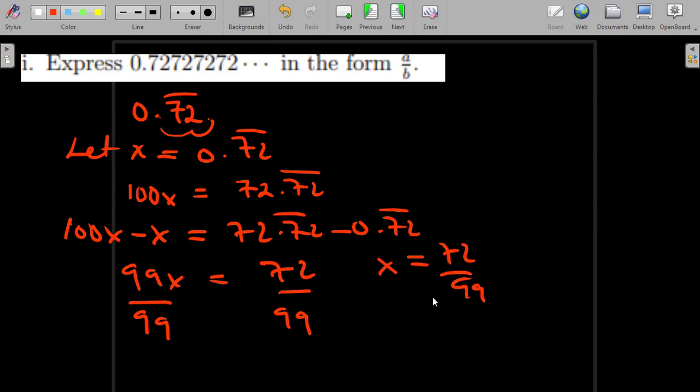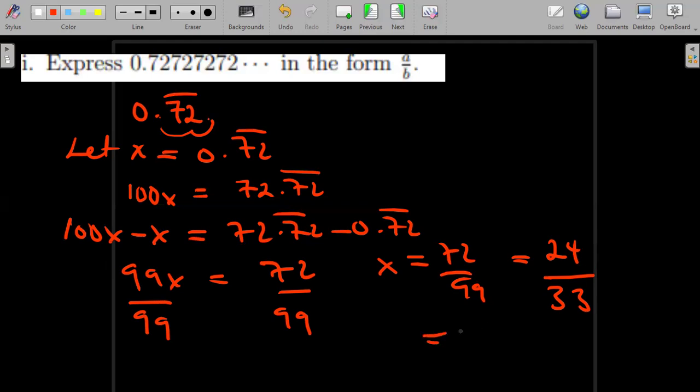Then I have to check if I can simplify this. So let me divide. I can divide by 3, both in the numerator and in the denominator, and I'll get that this will be equal to 24 over 99 divided by 3 gives us 33. So you get this there. Then from there, you can further simplify this by dividing again by 3.